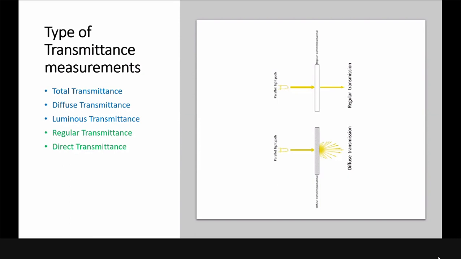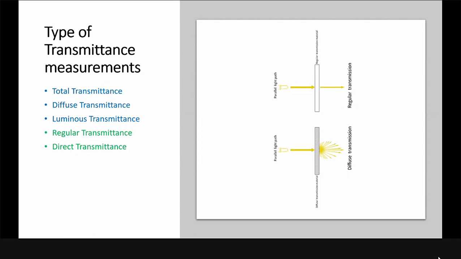It is because of material characteristics or behavior, because some materials are not able to give straight light transmission, and that light beam gets refracted into multiple beams, and that is called diffuse transmission.